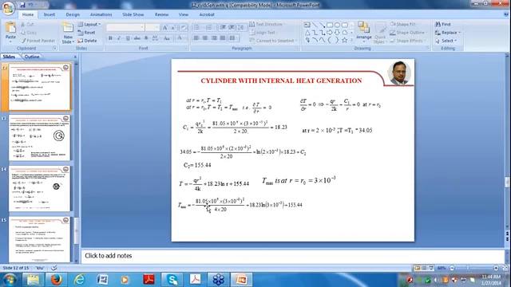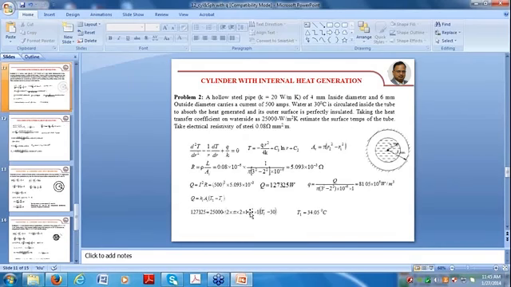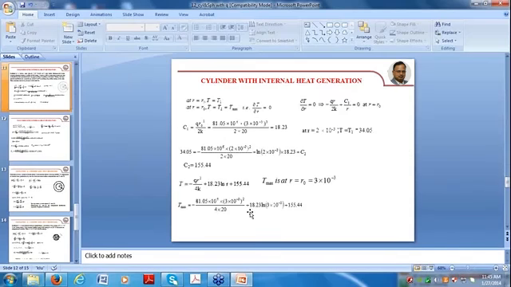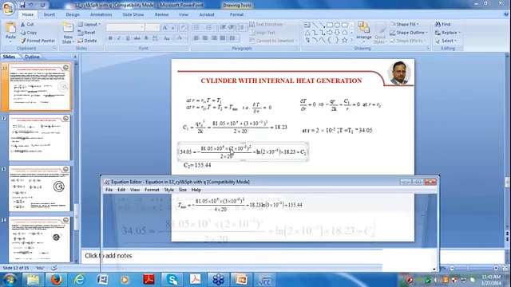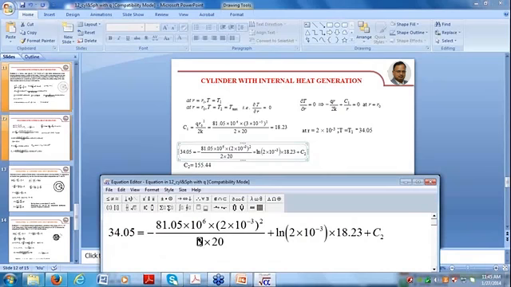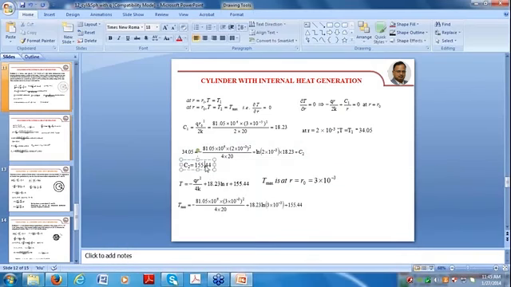We know q dot, that is 81.05 into 10 power 6, r naught is 3 into 10 power minus 3, whole square by 4k. Here itself it has gone wrong, in the calculation of perhaps C2.